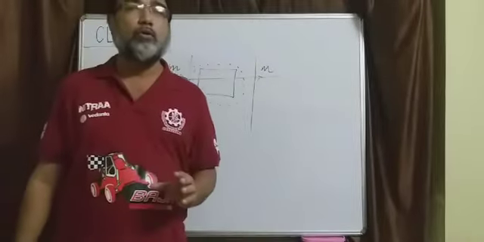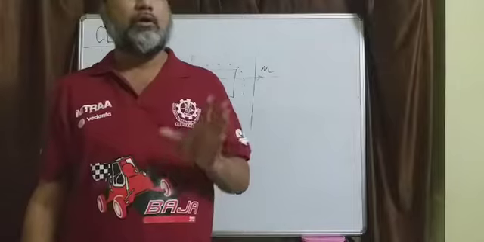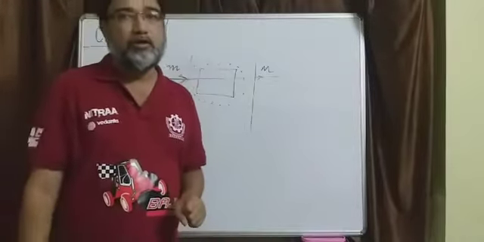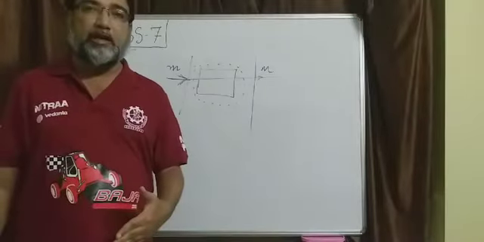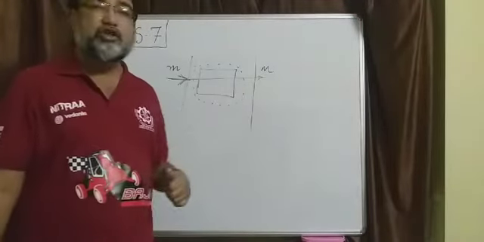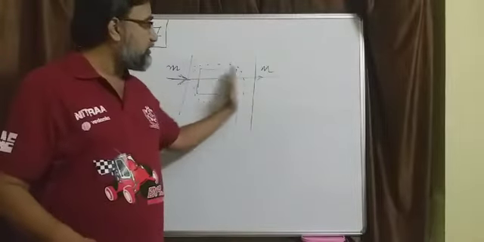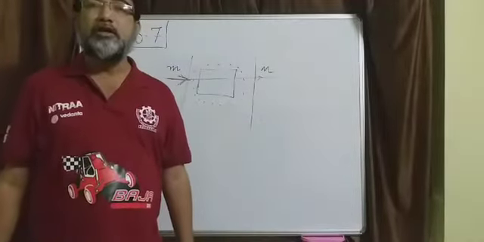Now how to write the conservation of energy equation in the perspective of thermodynamics for this open system or flow process where the flow is taking place across a fixed region in space.